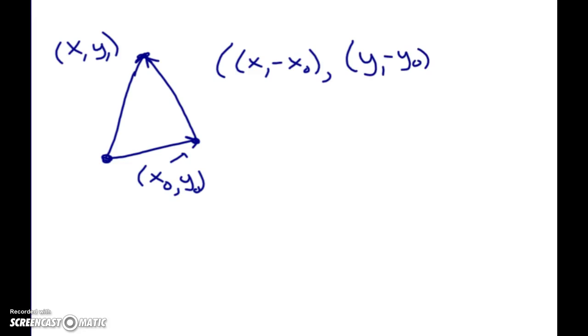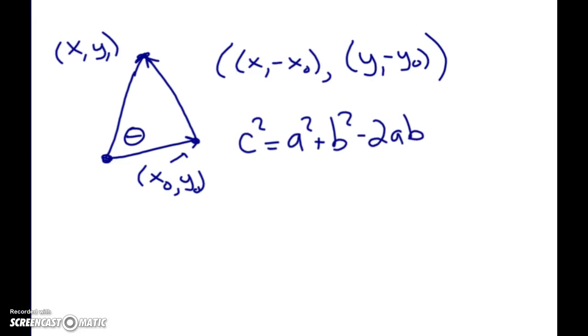This is where I'm going to find editing software, because I'm going to mess this up. Okay. We want this angle right here. Do you all remember the law of cosines? Yes. C squared equals A squared plus B squared minus 2AB. Good.